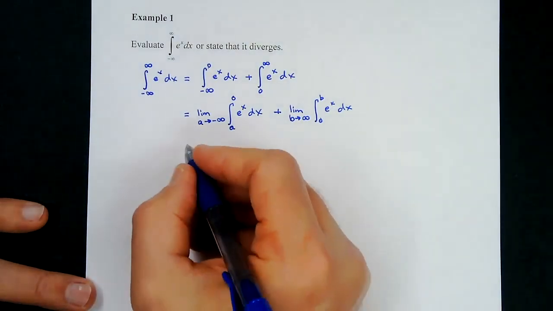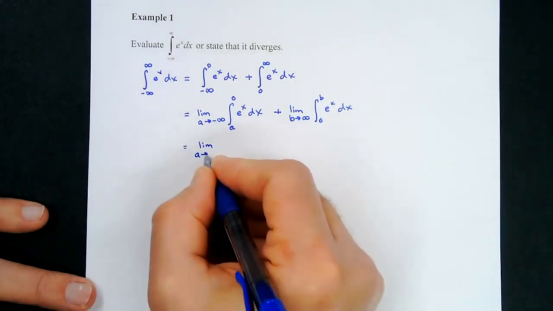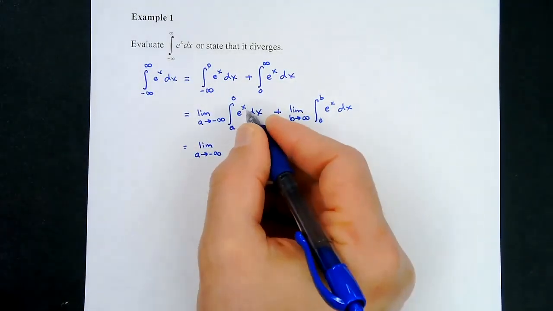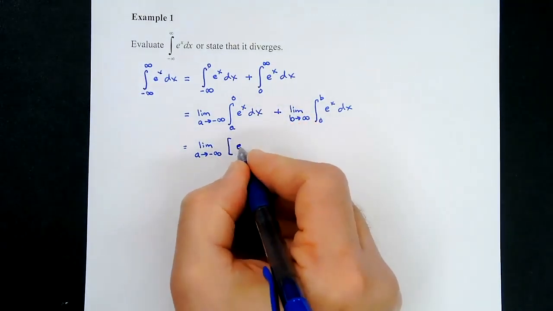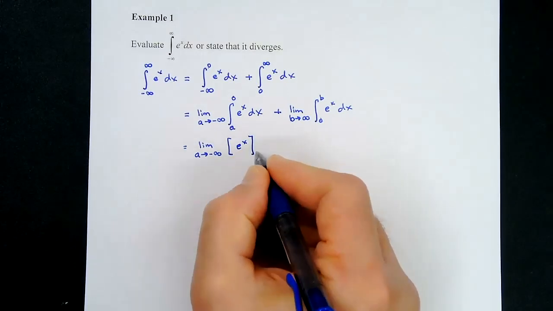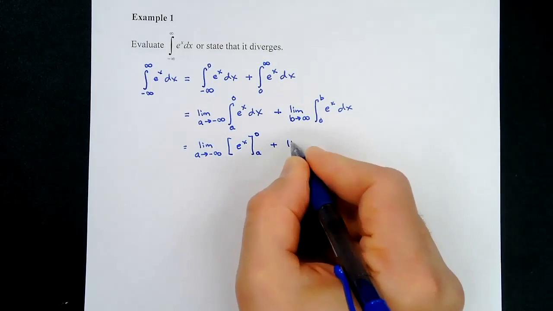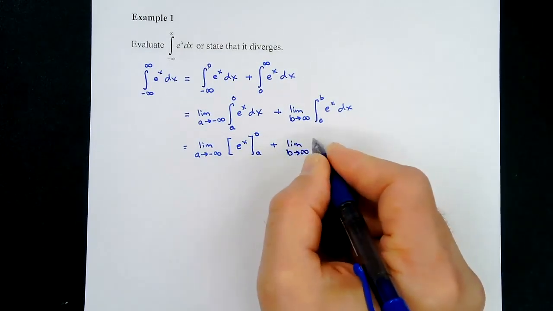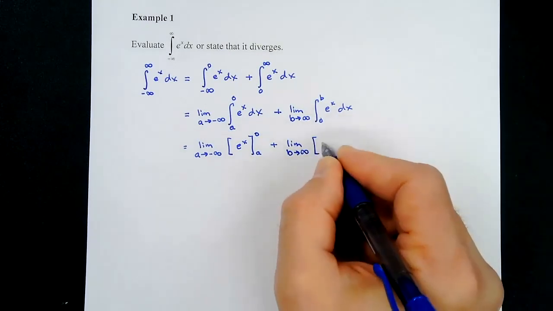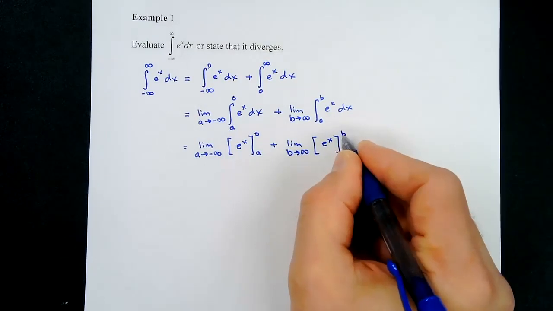So this becomes the limit as a approaches negative infinity, and the integral of e to the x is just e to the x. So we're going to go e to the x, and we're going to evaluate this from a to 0, and then plus the limit as b goes to infinity of, again, the antiderivative is the same, e to the x, evaluated from 0 to b.